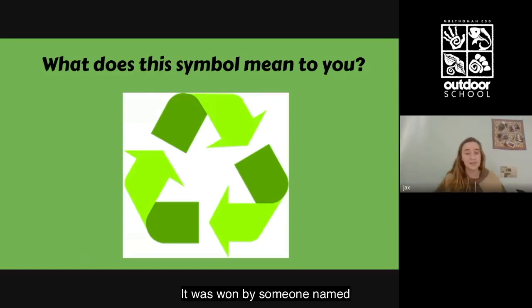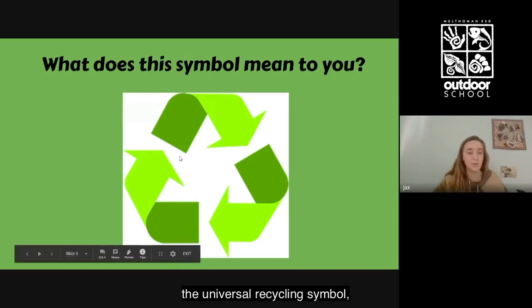It was won by someone named Gary Anderson. He was then a 23-year-old college student at the University of Southern California, whose entry was the image, now known as the universal recycling symbol, this one right here with the 3 arrows.